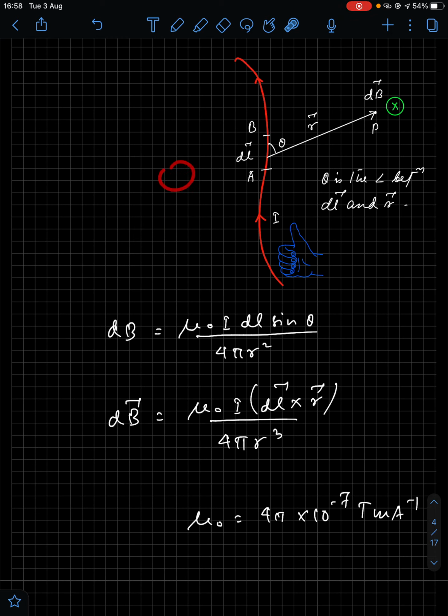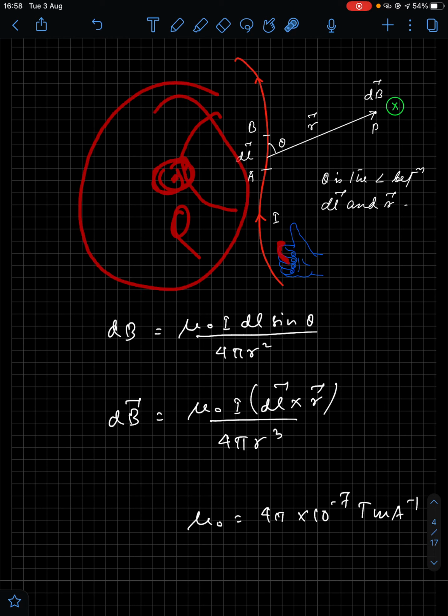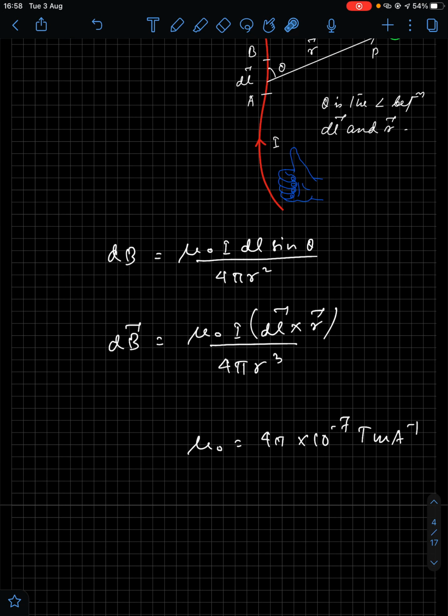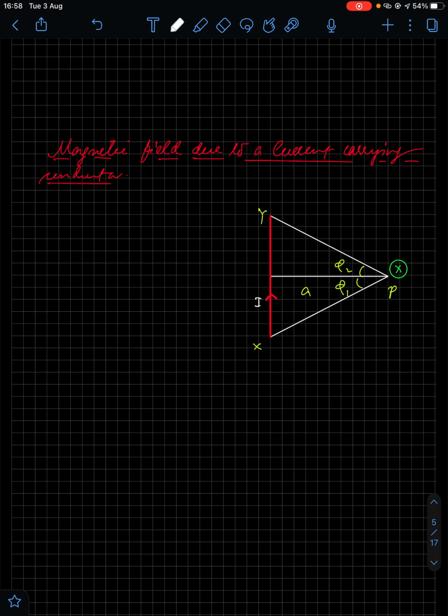If you have a point Q on the left of the wire, the field lines are coming outside the page, therefore you have a dot here, and on the right of the wire it is going inside the page, therefore you have a cross there. So this is your magnetic field relation in accordance with Biot-Savart law.